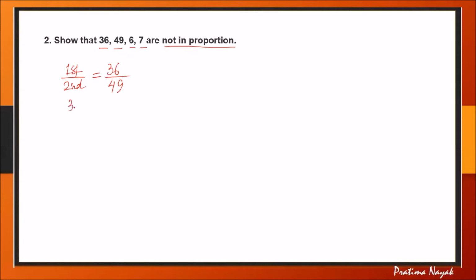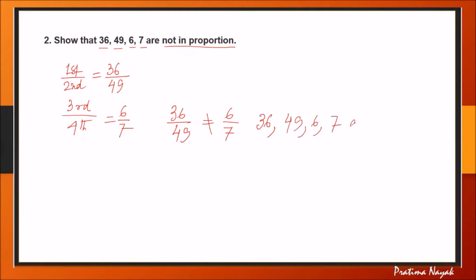And third and fourth is equal to 6 by 7. So 36 by 49 is not equal to 6 by 7. So 36, 49, 6, 7 are not in proportion.